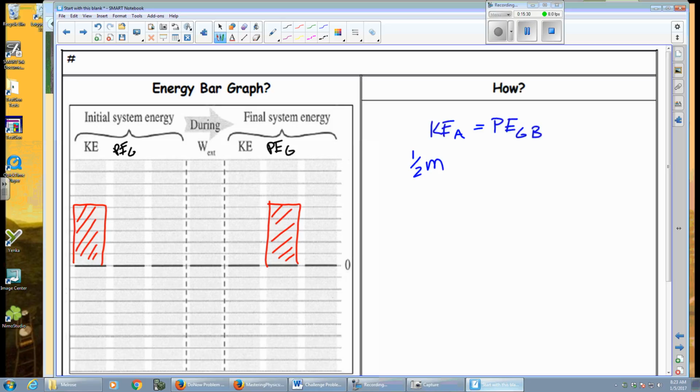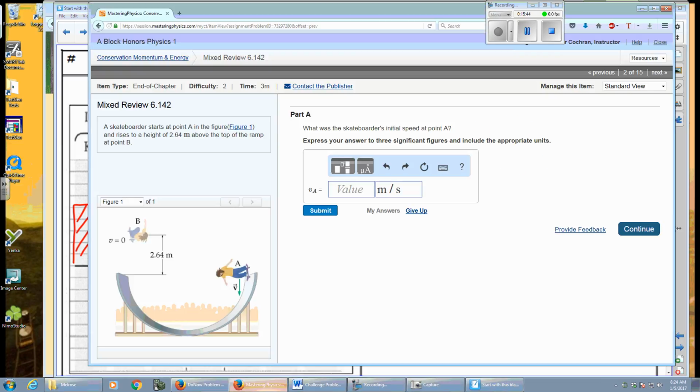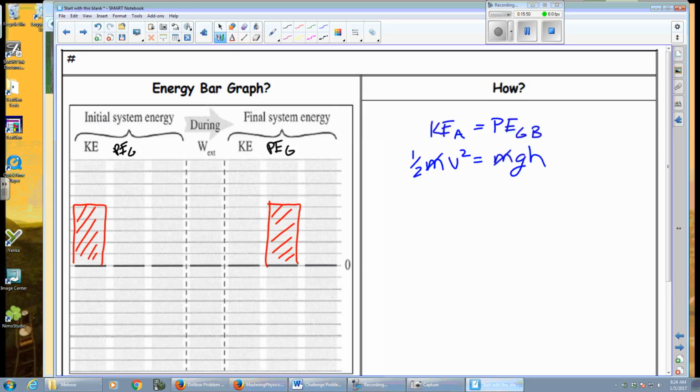1/2 mv squared equals mgh. Oh, nice. The m's cancel. And what am I looking for? Speed, right? And I've got 2.64.